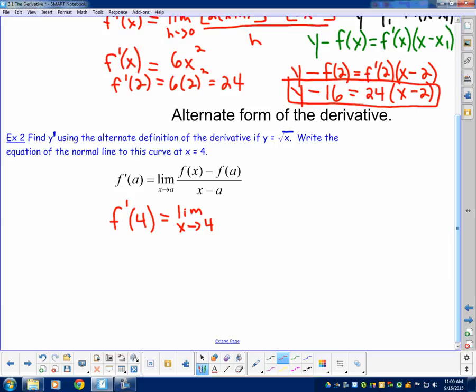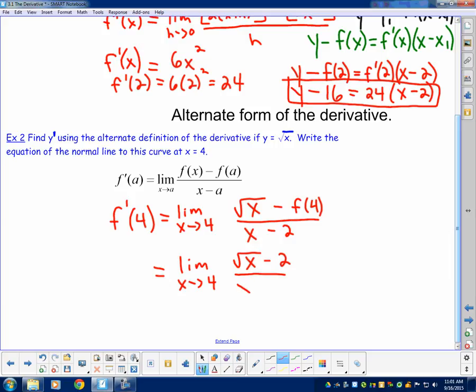Root x minus f of 4, which is root 4, or 2, we'll do that in the next line, over x minus 2. So it looks like this: limit as x approaches 4 of square root of x minus 2 over x minus 2. I'll explain it in just a minute here.